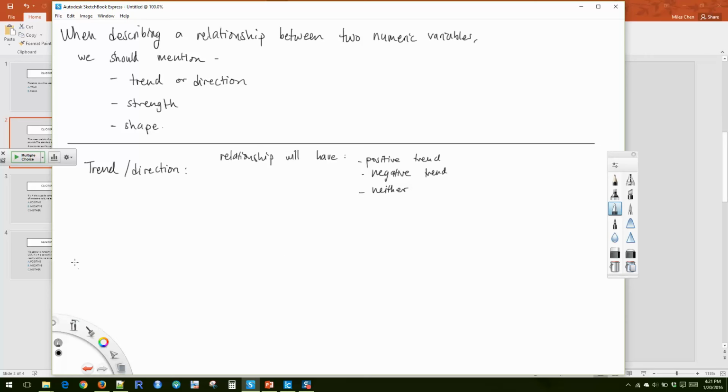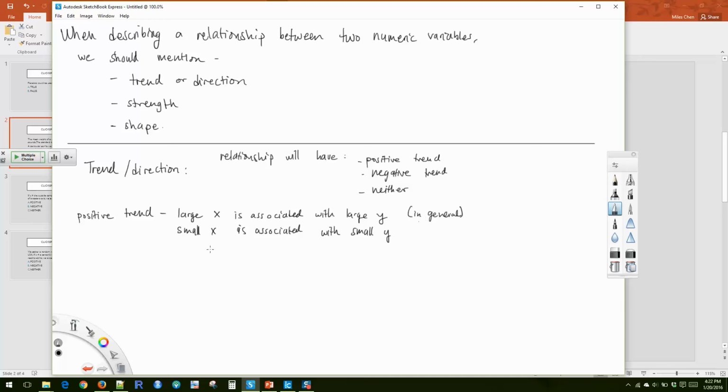Okay, so let's talk about this. Positive trend means that large X is associated with large Y in general, and small x is associated with small y.